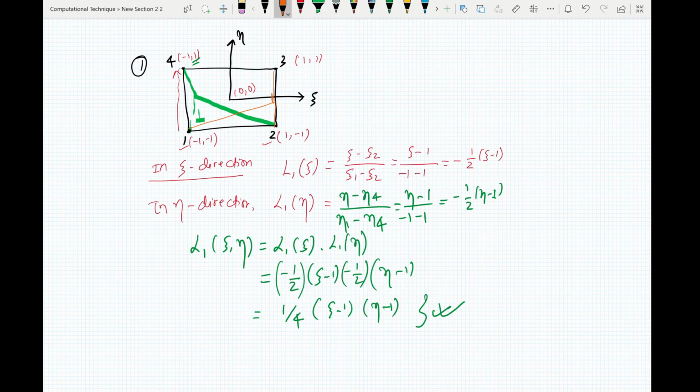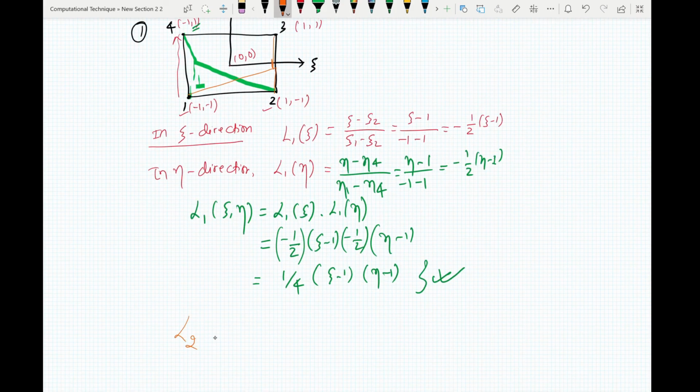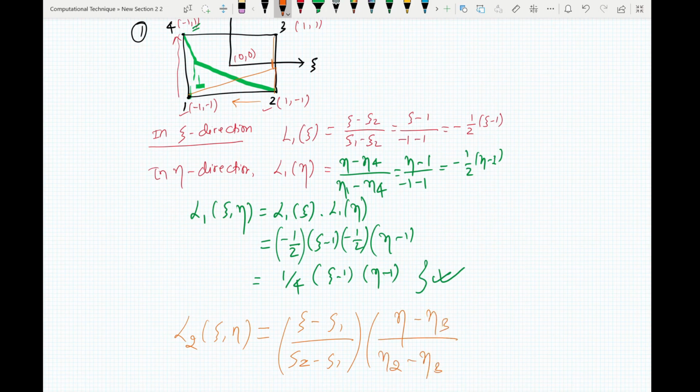Therefore for L2 it will be similar. So L2 you can write here xi eta directly. You can see that in the xi direction, which is this direction here, it will be (xi minus xi1) divided by (xi2 minus xi1) times (eta minus eta3), you have eta3 in that direction, and eta2 minus eta3.